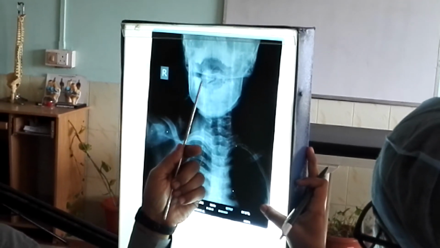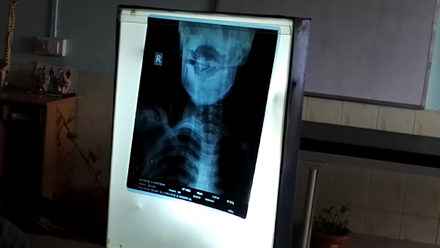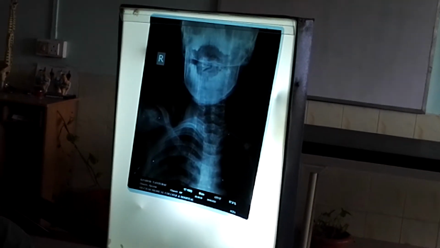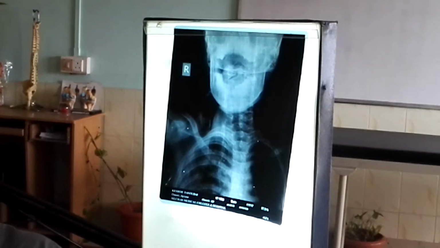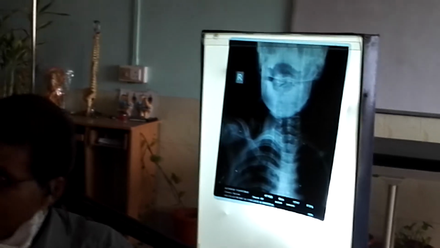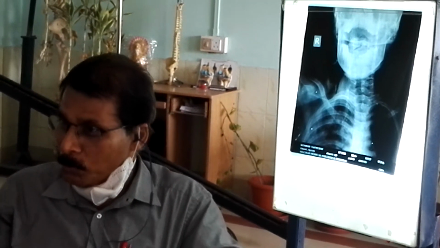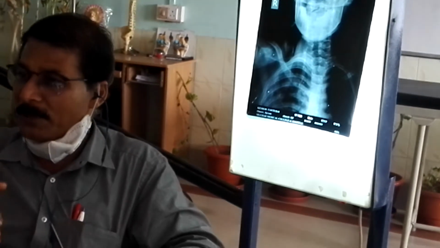Then look at the border of the C1 vertebra, whether it is hanging down or maintaining its alignment. These things will tell us about the Jefferson fracture. If there is a fracture, see whether the border of C2 is sagging down. It also speaks about the condition of the odontoid process. There may be a fracture of the odontoid process, type 1, type 2, type 3, whatever it might be.